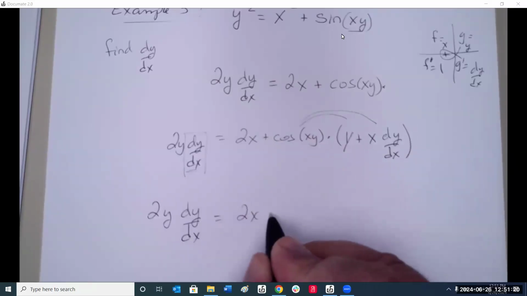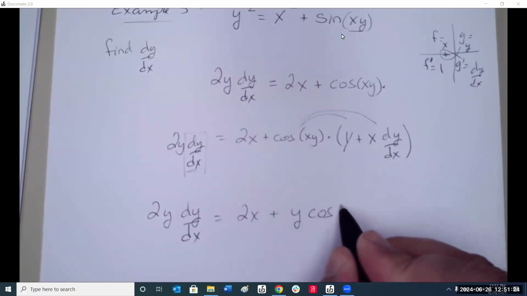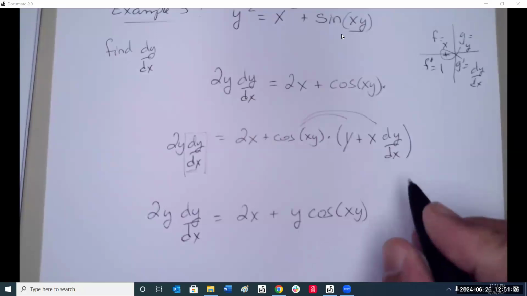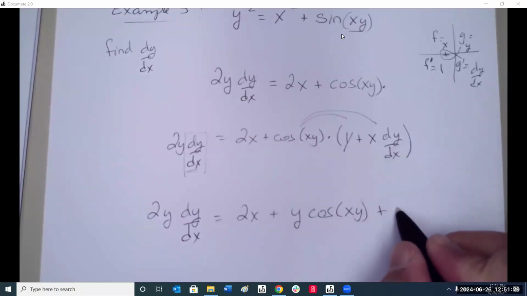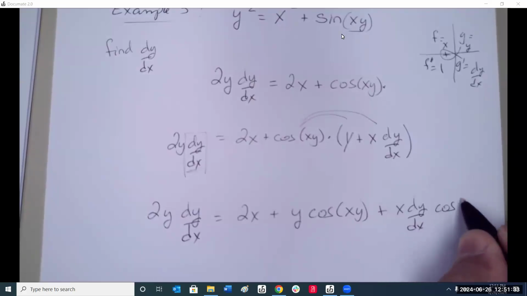We have 2x, y cosine xy plus x dy/dx cosine xy.